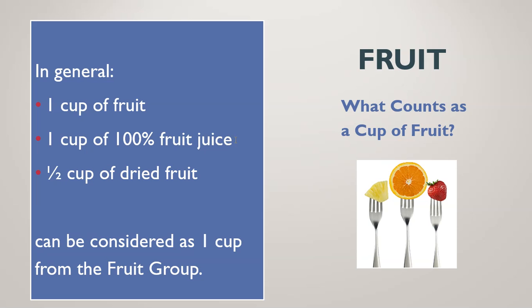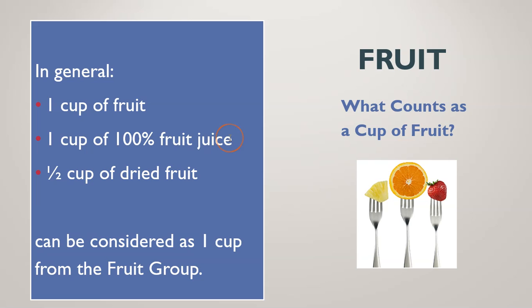It may take 7 or 8 oranges being squeezed to create a little over a cup of juice. So when you drink orange juice, it could be 7 or 8 oranges worth of sugar.